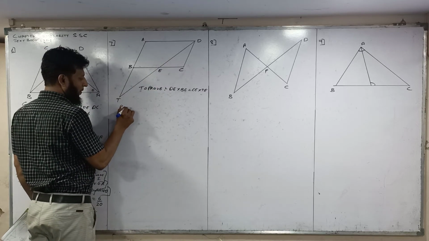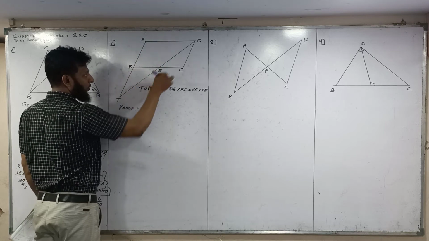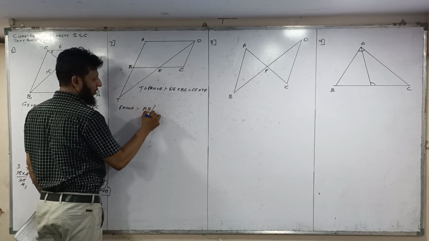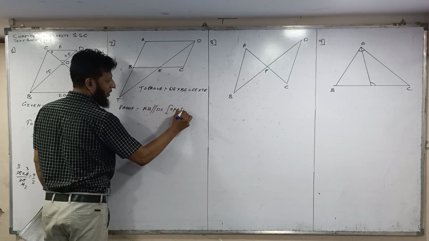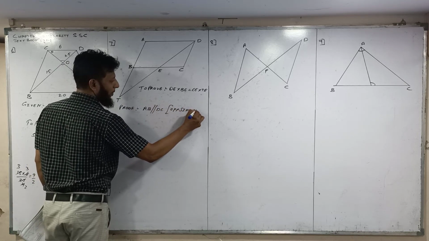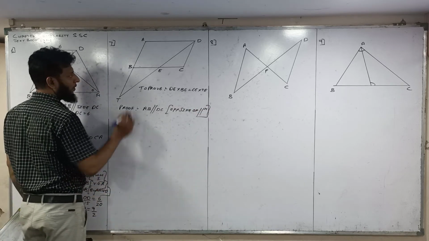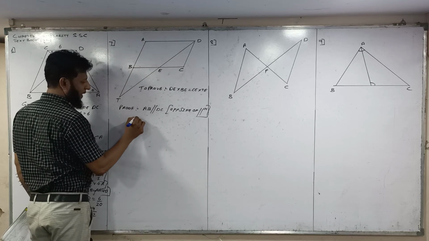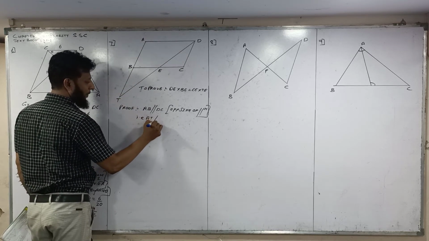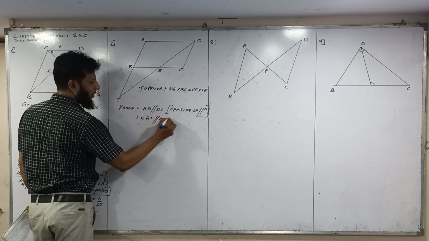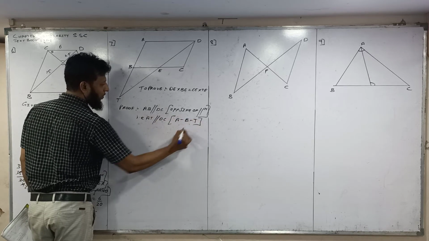Now we are proving AB parallel to DC, opposite sides of a parallelogram; opposite sides are always parallel. AB or AT are the same line, so AT is parallel to DC. A, B, T are collinear points.